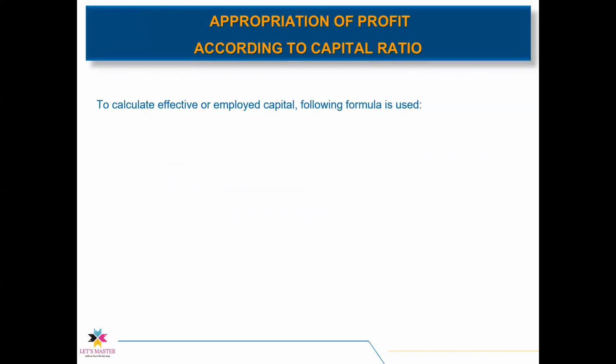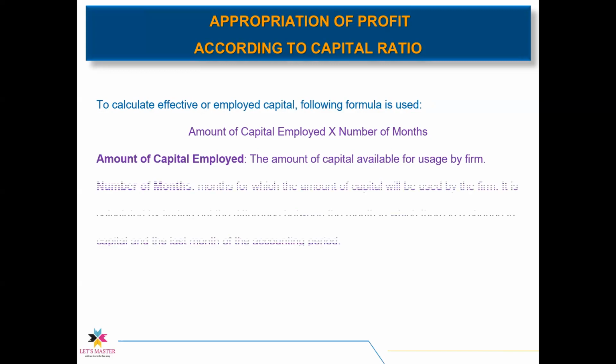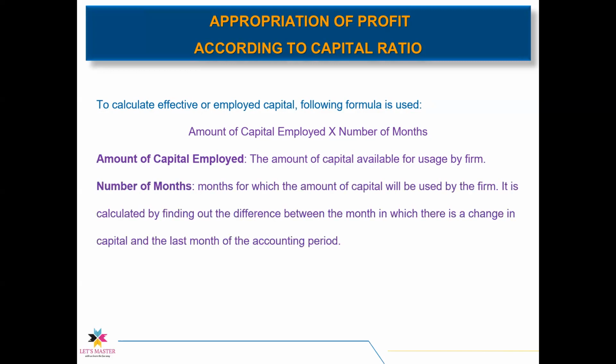To calculate the effective capital or employed capital, we can use the following formula: amount of capital employed multiplied by number of months. Here, amount of capital employed means the amount of capital available for usage by the firm. And number of months means the months for which the amount of capital will be used by the firm.